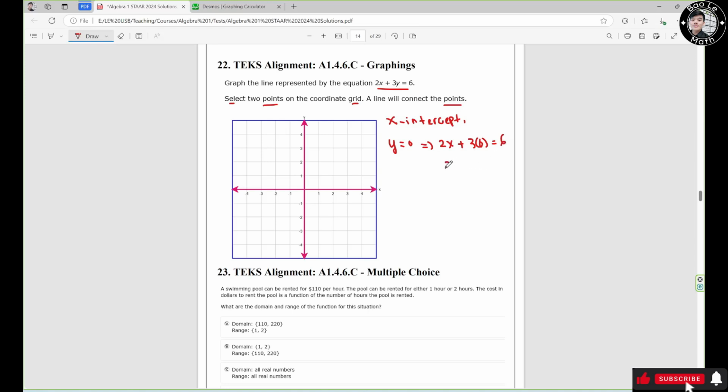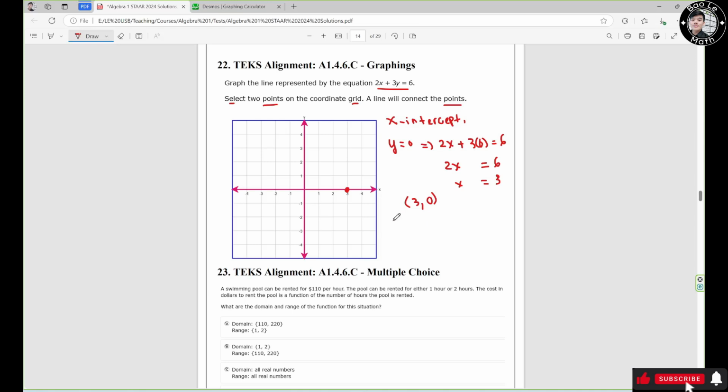So it becomes 2s equals 6, and then divide both sides by 2, s equals 3. So the first point is 3, 0. So we just plot the point s equals 3, y equals 0. This could be right here.